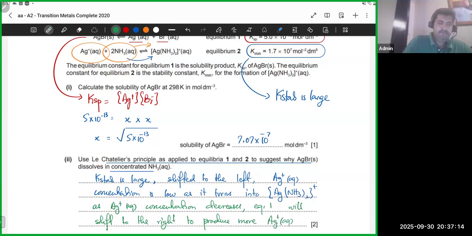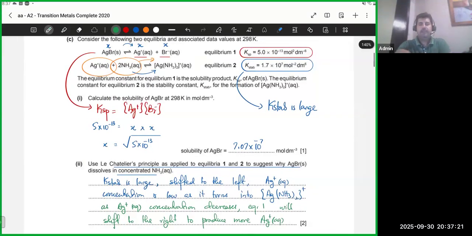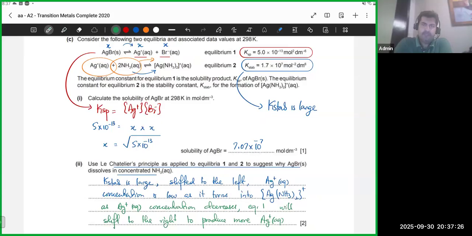Is this clear? Yes. Ibrahim clear, Isaac, Hala, Qasim, is this clear? Yes, sir.